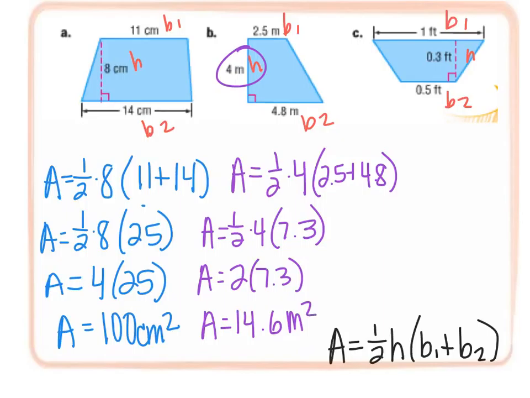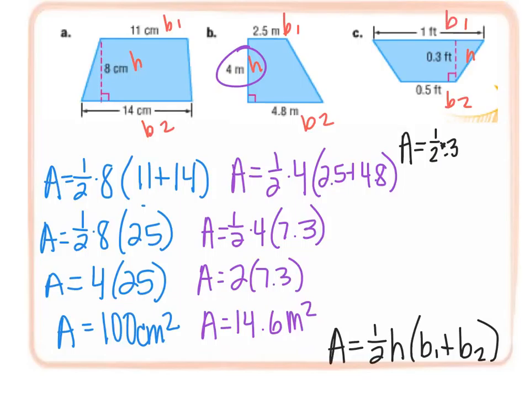Okay, the last one I will do in black, and I have area equals half of my height. So area equals half of 0.3. And now keep in mind that's a times 0.3, not times 3.